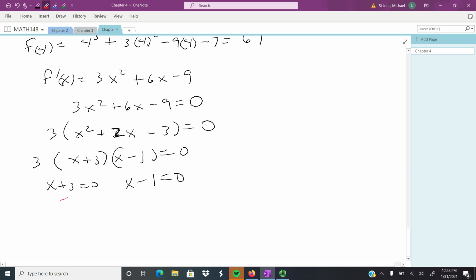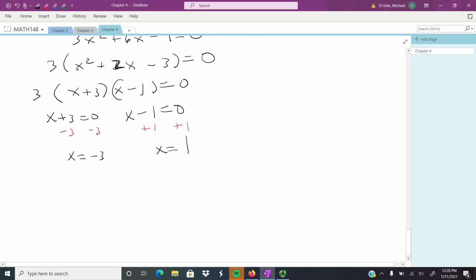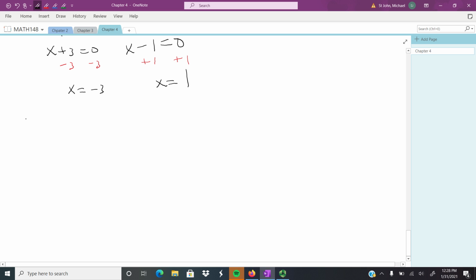So we can solve each one of these. And so this is going to be -3 and this is going to be 1. Right? And so now what we want to do is we want to evaluate our function at those 2 points. So we can do the f of -3. So this is -3 cubed, 3 times -3 squared, minus 9 times minus 3, minus 7. This will give us 20.